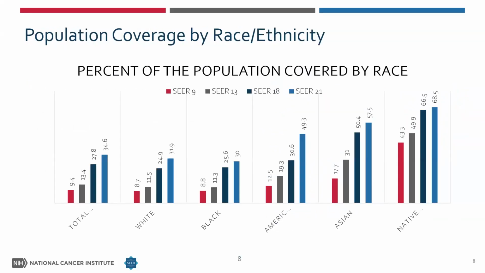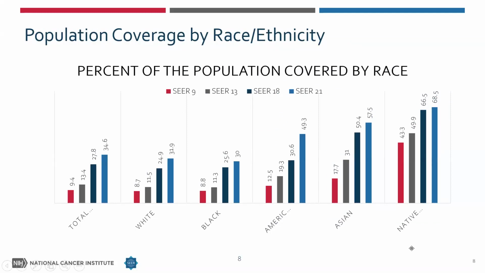So in this graph, we're showing the different segments of the population coverage by race ethnic groups. As one can see with SEER 9, we covered about 9% of the population overall. And of course, it varied by different race ethnic groups. But as we move from 9 to 21, we have a bigger and bigger portion of the population we are covering.